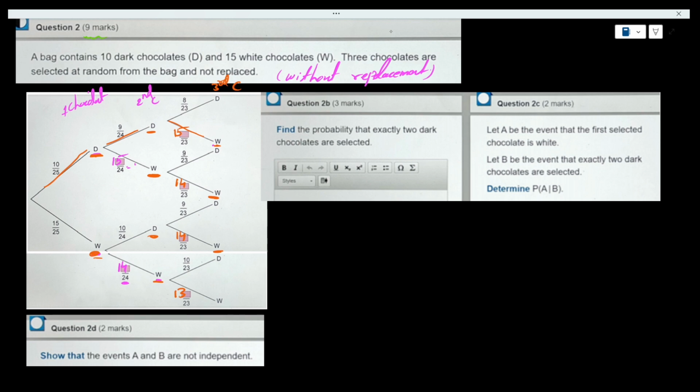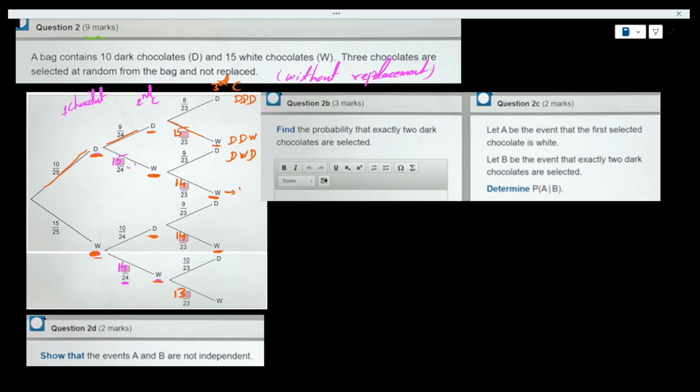Now what you need to write down, whenever you don't get it, you can write down here the possibilities. What are the possible outcomes here? All three chocolates are dark chocolate. Then here dark dark white, then dark white dark, right? You just see the branch and write down here.